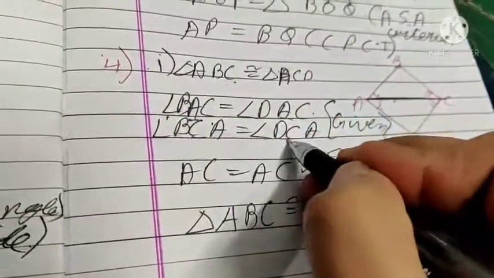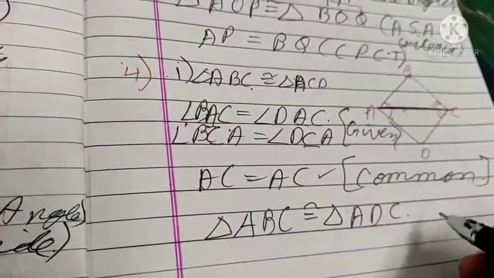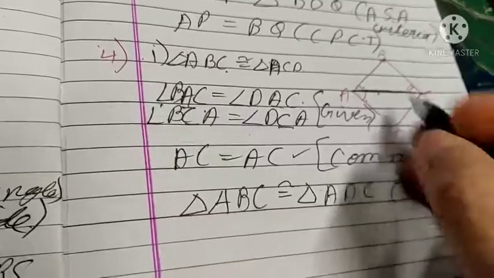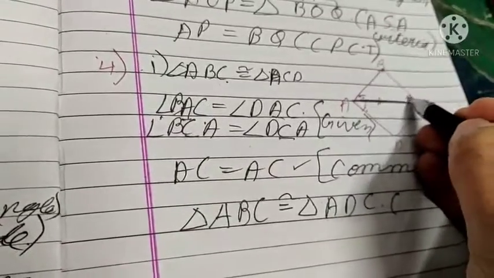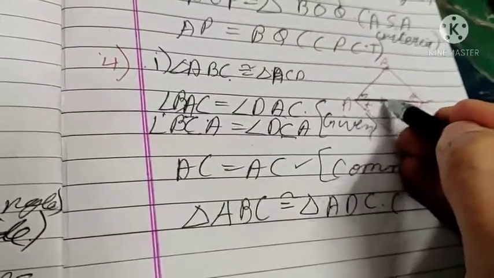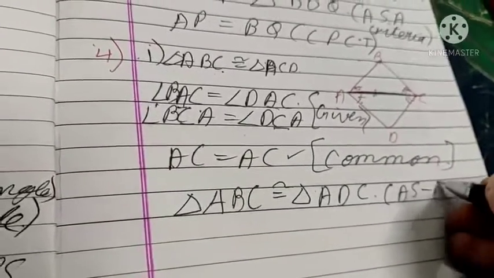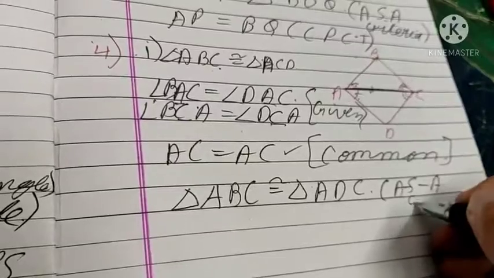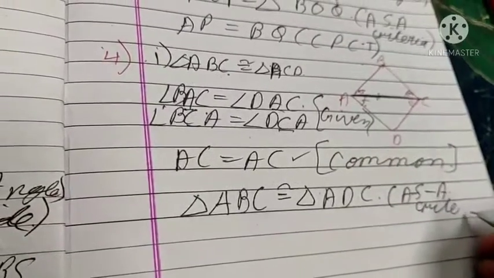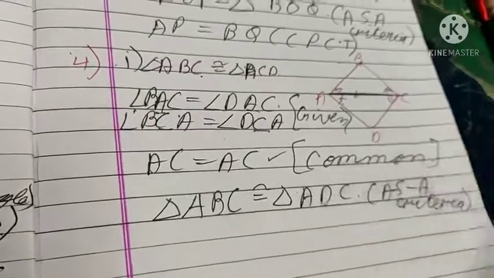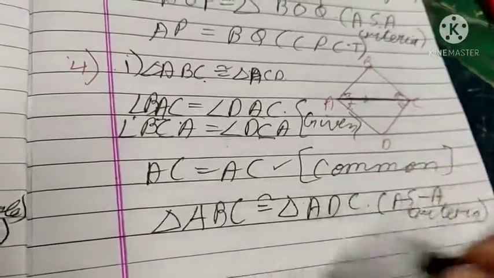This C is equal to C. Okay, these two things are equal by angle, then a side, then an angle, angle side angle. Okay, so we have got the third thing as well by ASA criteria.